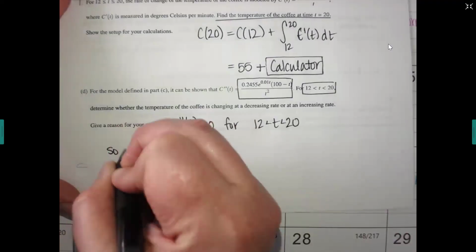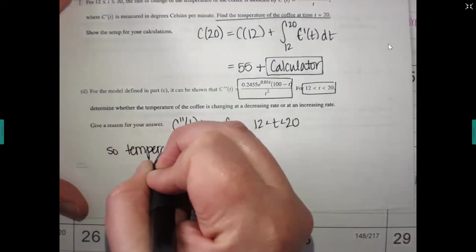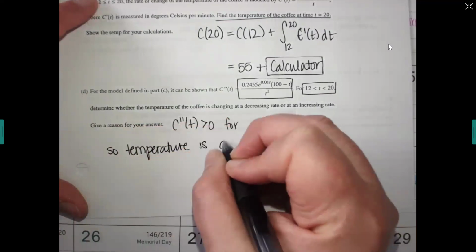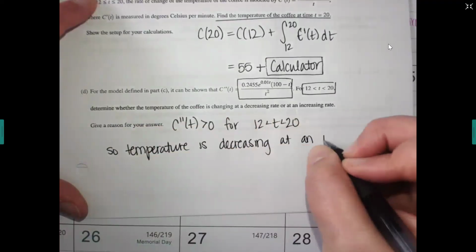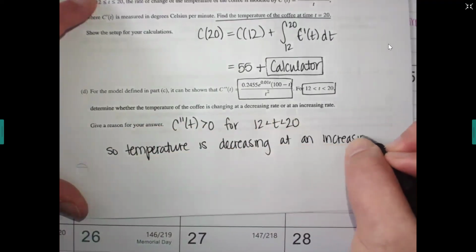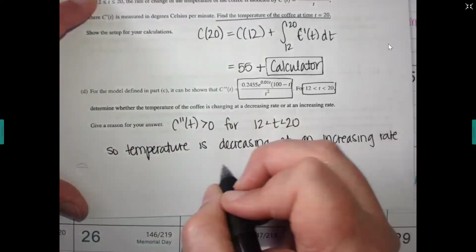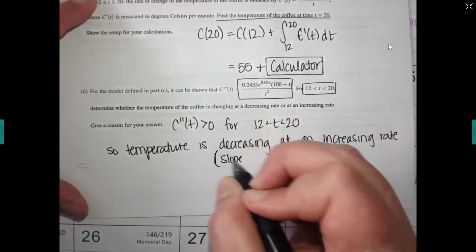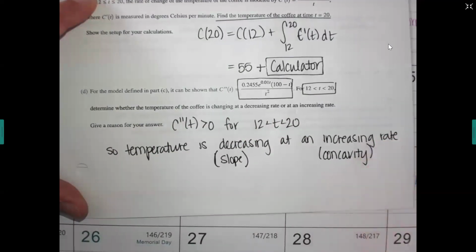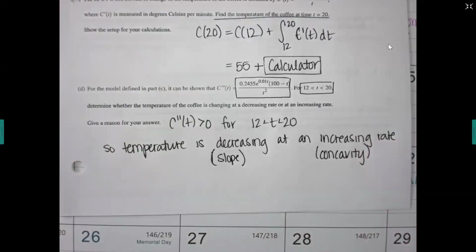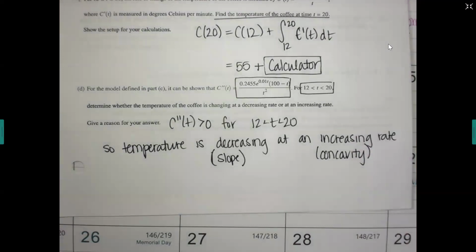So that tells me the temperature is decreasing at an increasing rate. Where this is the overall slope, but this is the concavity type. My slope is negative because I know my coffee cup is cooling down, but concavity tells me how it's doing. Questions on that?